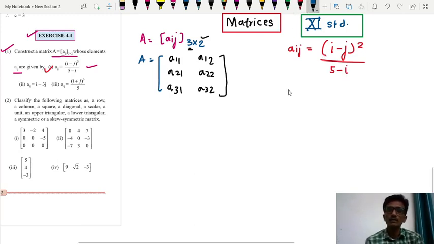For example, we construct the element A11. Here i is equal to 1 and j is equal to 1. So this becomes 1 minus 1, it will be 0.